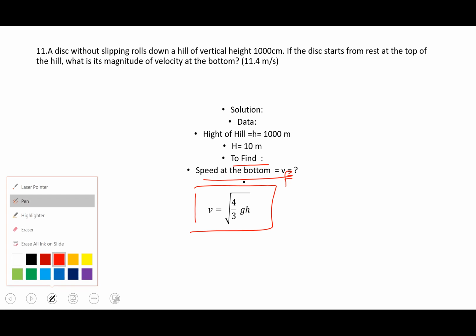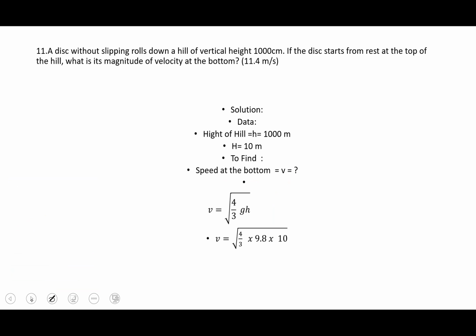From that we have calculated this formula. Putting in the values, what do we get? 4 over 3 into 9.8 into 10. The value of h is 10. The value of g is 9.8. We get velocity is equal to 11.4 meter per second. That is our answer, and that is the required answer as well.